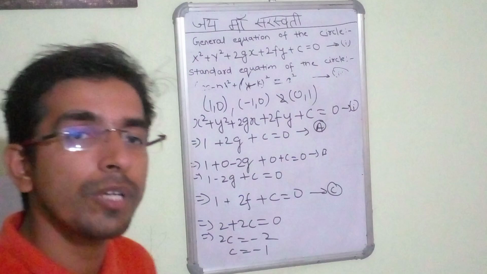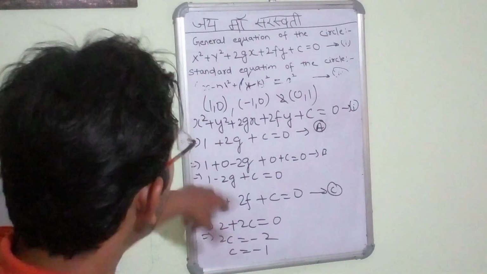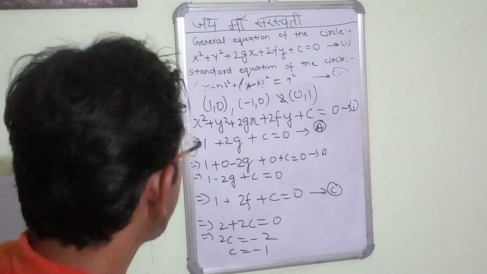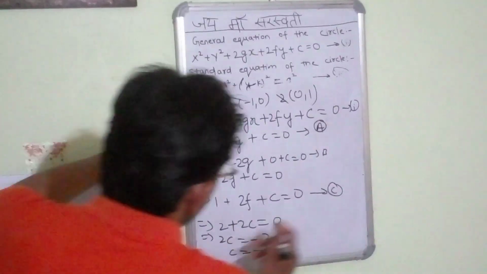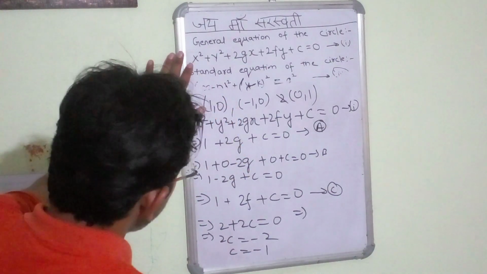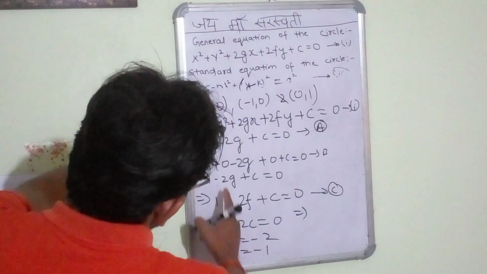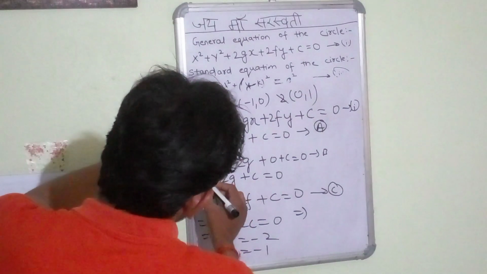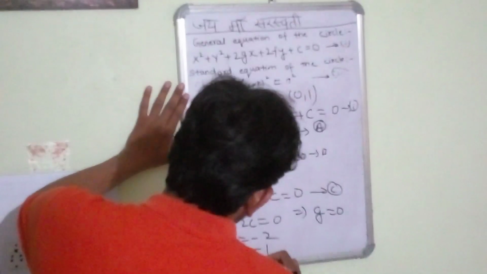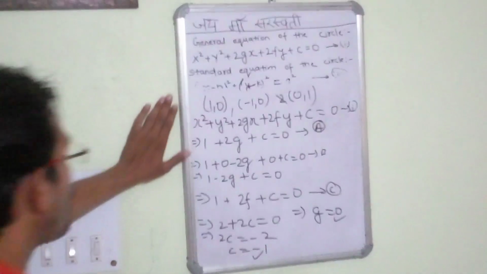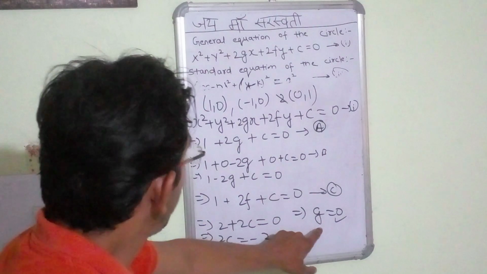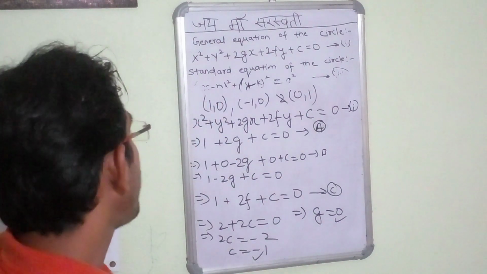We will be substituting back the value of c in any of the equations, let it be equation A or equation B, it does not matter. So we have 1 minus 2g plus c is equal to 0. Post substitution, c is equal to minus 1, so 1 minus 1 cancels and g is equal to 0. Now we have c is equal to minus 1 and g is equal to 0.